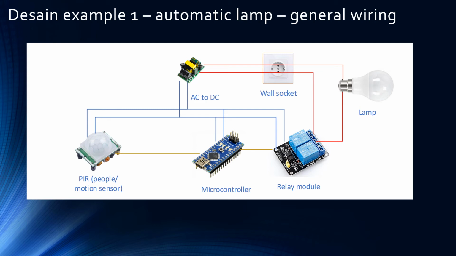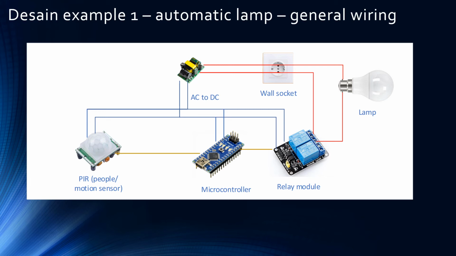We also need to connect the data from the PIR to the microcontroller and then to the relay module. So the microcontroller checks the input given by the PIR sensor, and if the PIR sensor sends the data that there is no person, then the microcontroller sends a logical zero to the relay module, because this is a logical 0, the relay goes off and the lamp is still off.